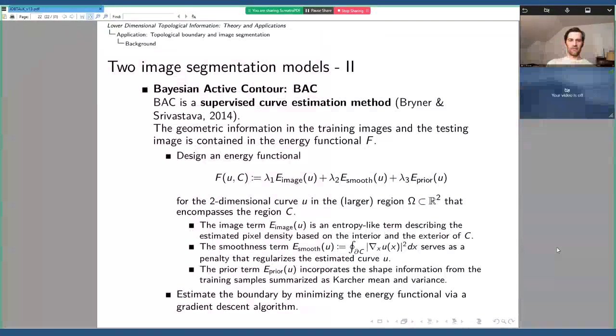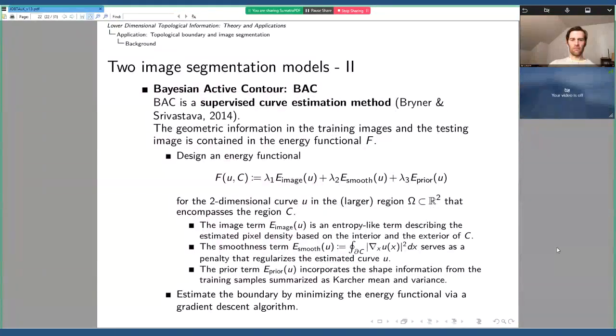The interior and exterior are defined by the estimated curve U. And the second term, E smooth, is an energy term that is an integral along the boundary of the curve that will take care of the smoothness of the estimated curve U.